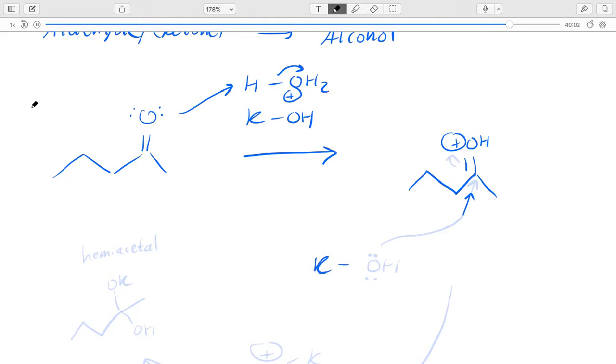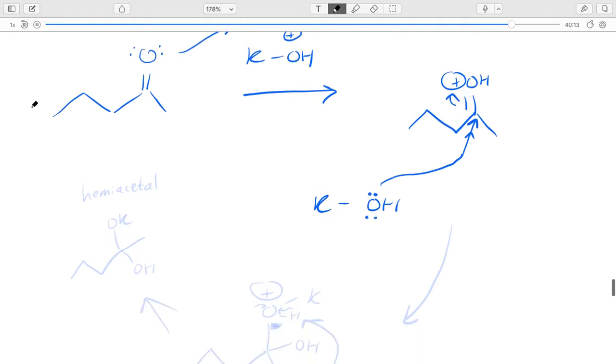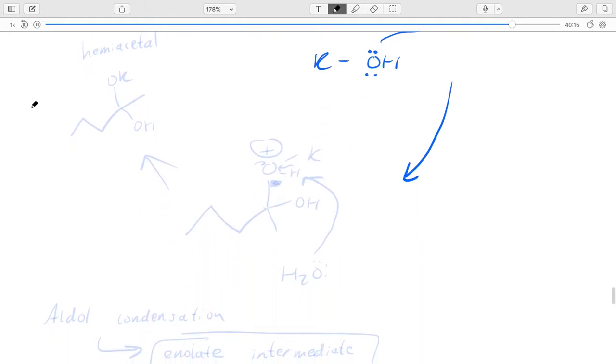So we can just bring ROH in, attack that carbonyl right in the middle, cause the electrons to come up. And we have OHR plus. We have OH. And then the methyl group over there.